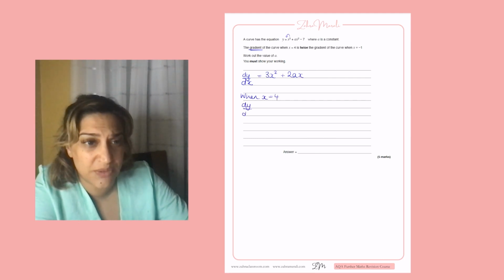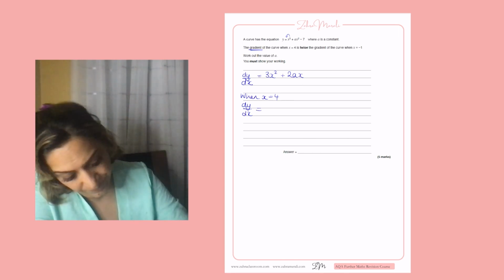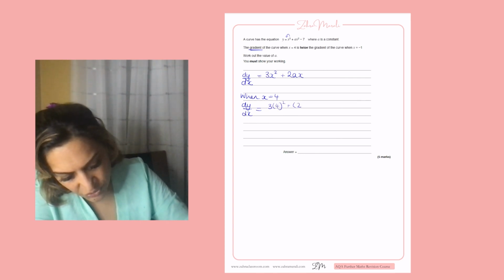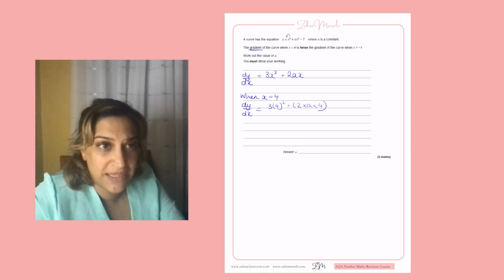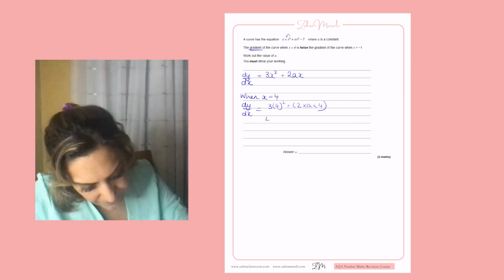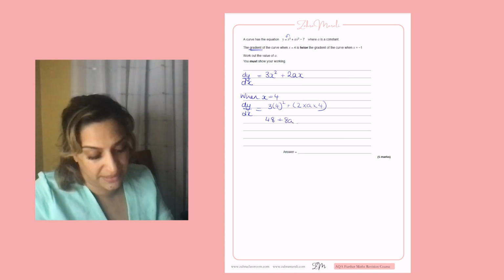So when x equals 4, dy/dx is going to be 3 times 4 squared plus 2 times a times 4. So that's going to give us 4 squared, 16, times 3, so 48. 2 times 4 is 8, so 48 plus 8a.